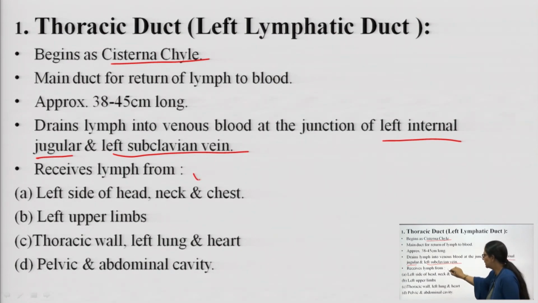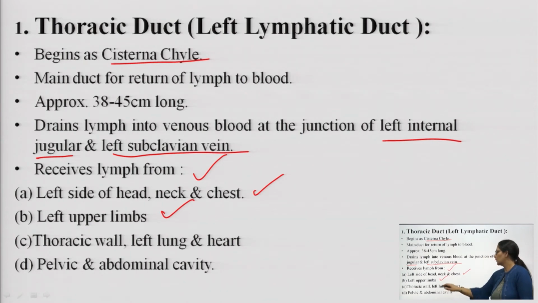Mainly it receives the lymph from the left side of your body: the left side of your head, neck and chest, left side of the upper limb, thoracic wall, left lung, heart, pelvic and abdominal cavity. So the thoracic duct or left lymphatic duct collects the lymph from the left side of the body.